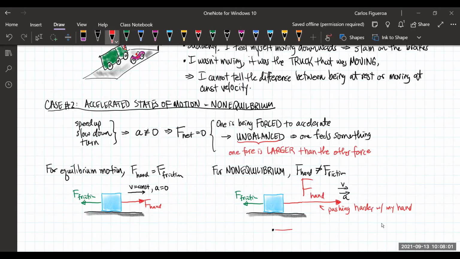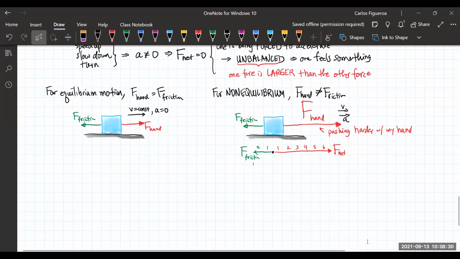So then I'm going to go 2, 4, 6. So this is the net force. So I'm going to go 1, 2, 3, 4, 5, 6 squares. Then if I look at friction, you can see friction here is 2 squares. 1, 2. So what this tells me here is that the net force is what?